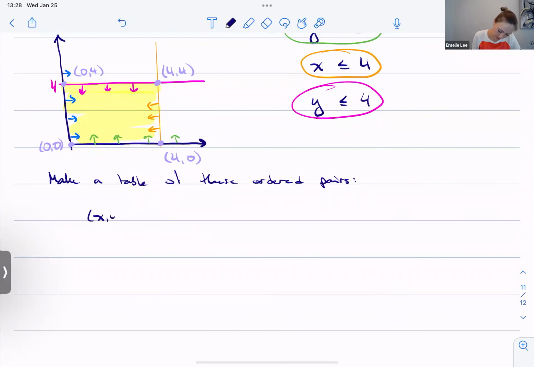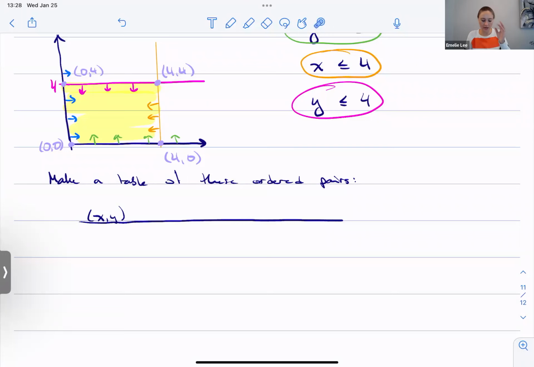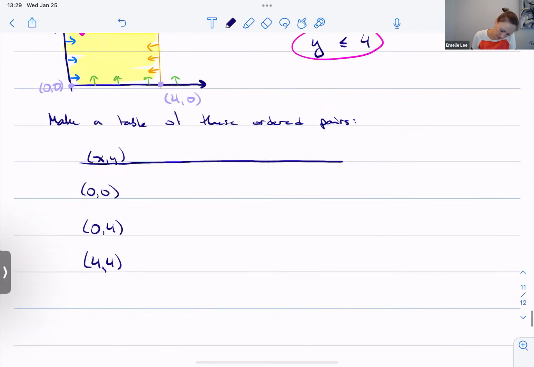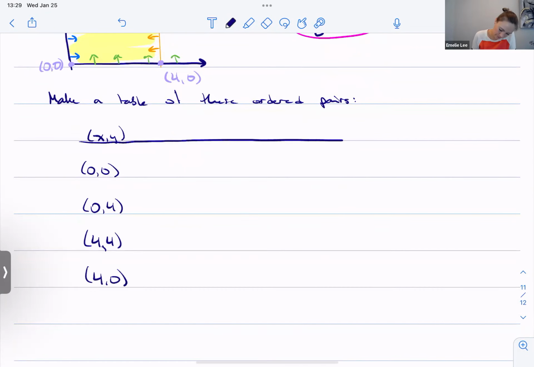I like to start at the origin and then list them going clockwise, just to make sure I don't miss any: 0, 0; 0, 4; 4, 4; and 4, 0.